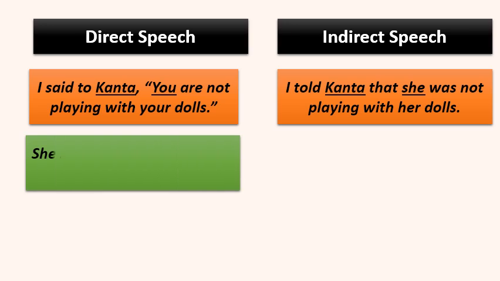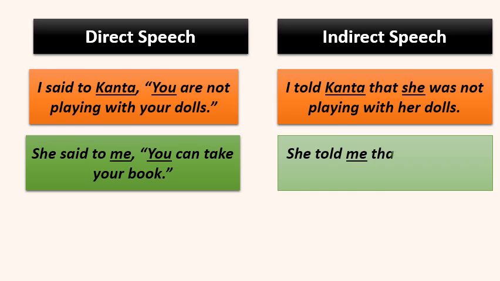Same with other examples also. She said to me, "You can take your book." So in the reporting verb, the object is me, and in the reported speech, you is here second person. Fine. So we will change it according to the number and gender of the object of the reporting verb in indirect speech.